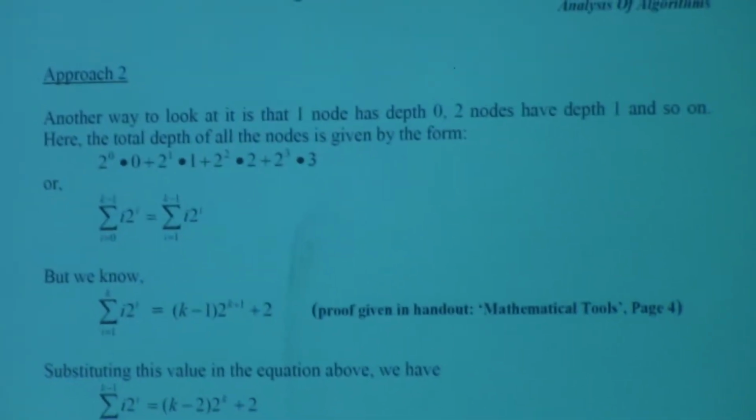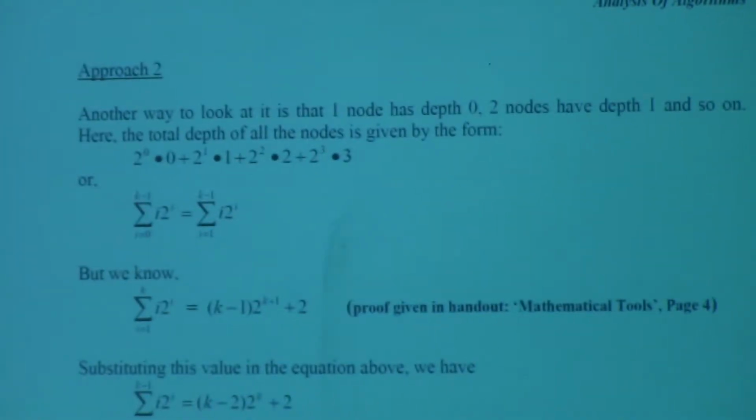So, we know, or at least we will know later today, that the summation of i times 2 to the i, as i goes from 1 to k, is going to equal (k minus 1) times 2 to the (k plus 1) plus 2. That's the result we're going to get later today, but that's the result I'm telling you. Trust me on this one right now, and we'll come back to it. So if this is in fact the result, then k could be anything we want it to be. k could be 3, 4, 8, 10, 100.